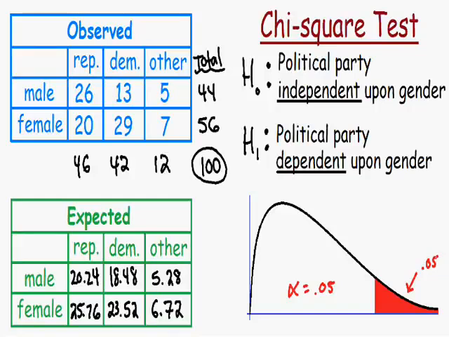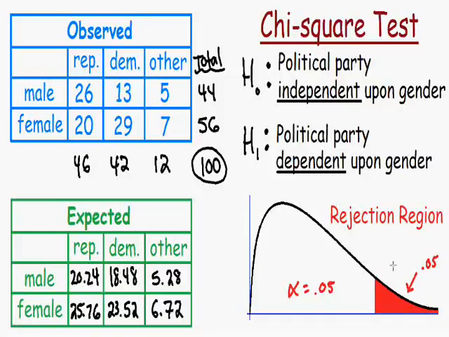So why is this area in the tail so important? It's because this is called our rejection region. Once again, this area in red, the tail, is our rejection region. And the reason why this rejection region is so important is because it allows us to make a conclusion at the end of our test. We're going to perform a test, and we're going to get a value.